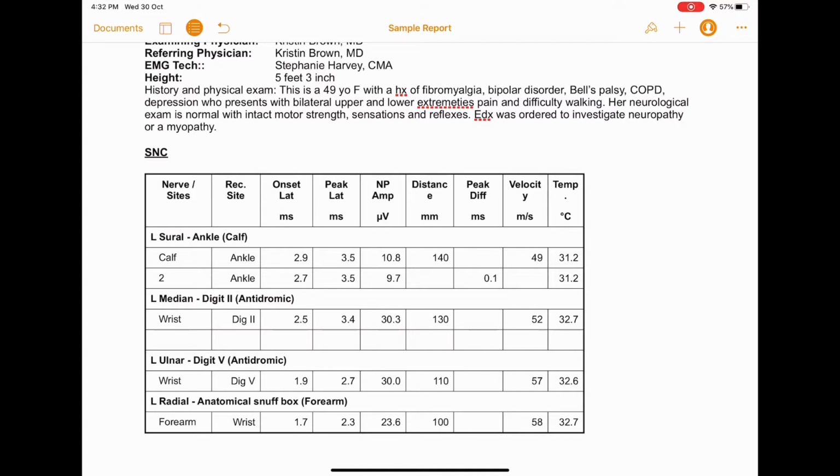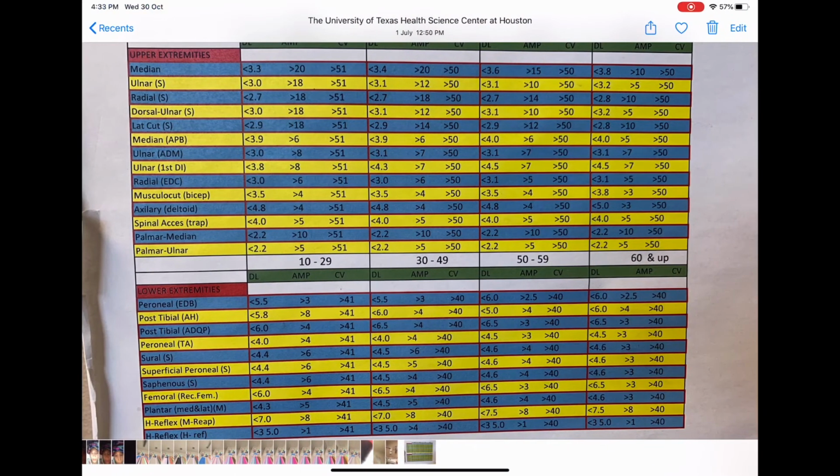For each value we have normative data, which comes from the averages of whatever studies have been done in the past, taken from normal patients, and these normative values are different for different age groups, so it has been divided into different groups.